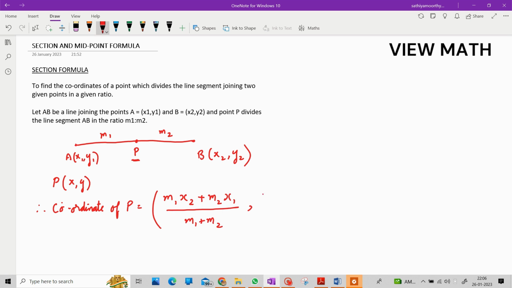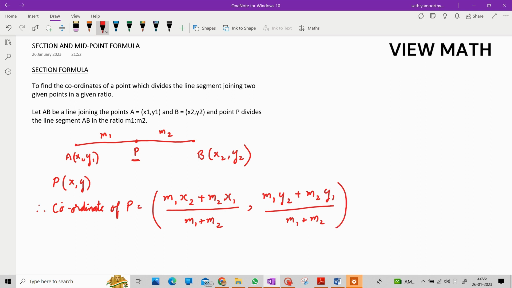Y coordinate is m1 y2 plus m2 y1 by m1 plus m2.